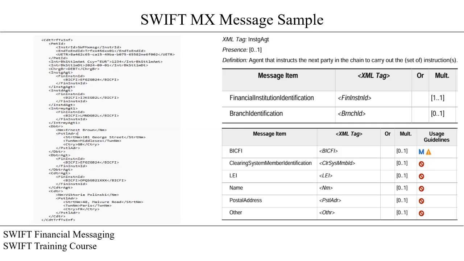And then when you look at the usage guideline, M actually means there's a mandatory element in this block. And then the circle with the strike in it means that these other elements have been removed for that tag. So this is just a good example of what an XML message looks like. Okay.